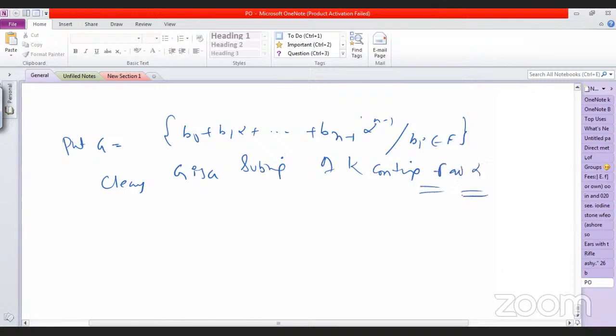What is F and what is alpha? Tell me. Alpha is algebraic over F.